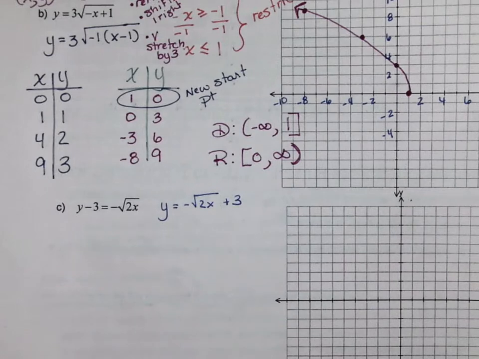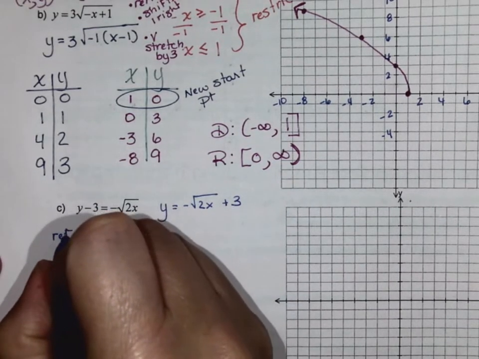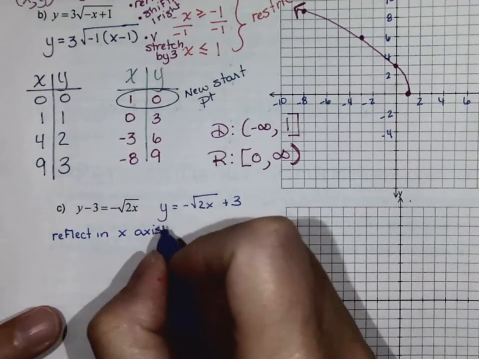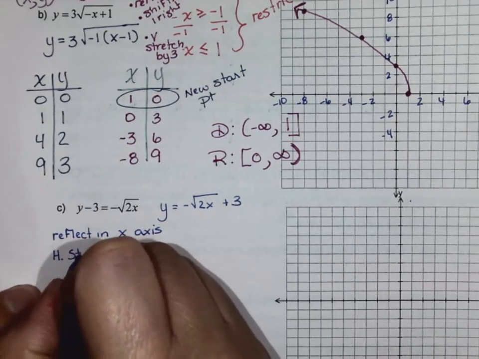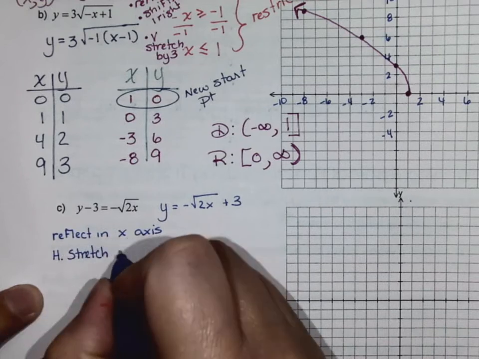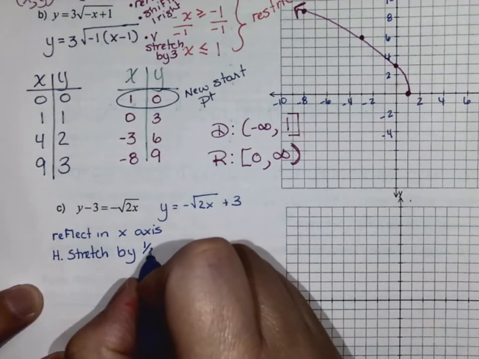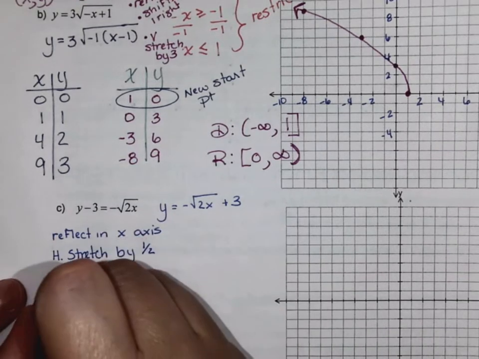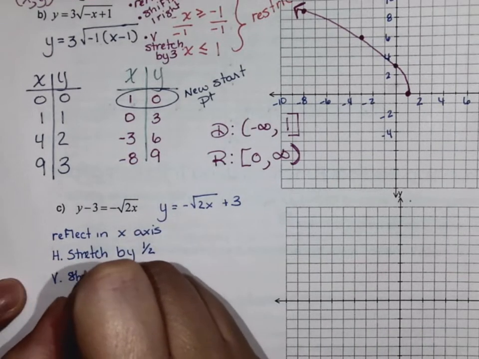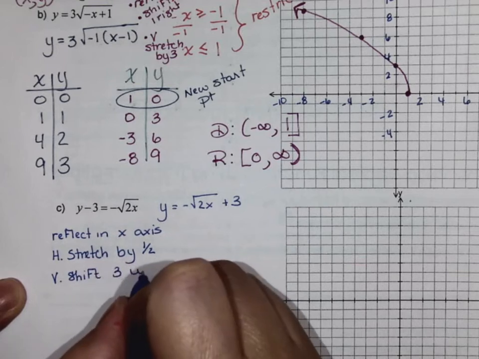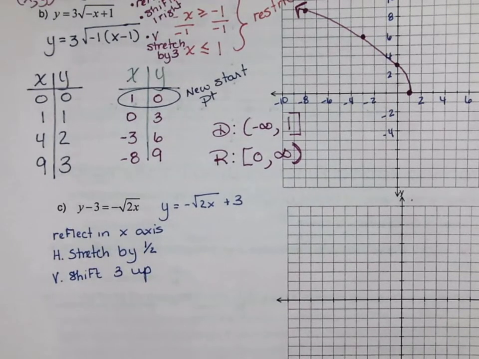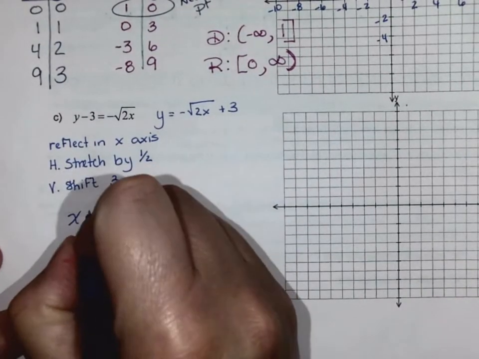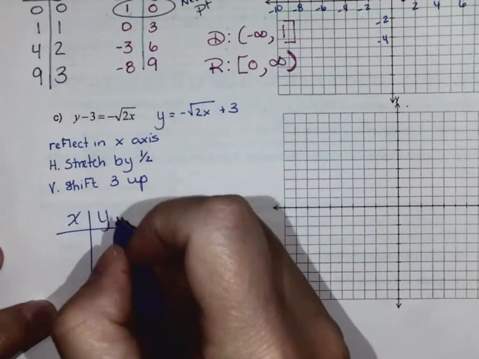Okay, so now I have a horizontal stretch by 1/2, and I have a vertical shift, 3f. So really, this is just chapter 1, but it's applied to a really specific graph.